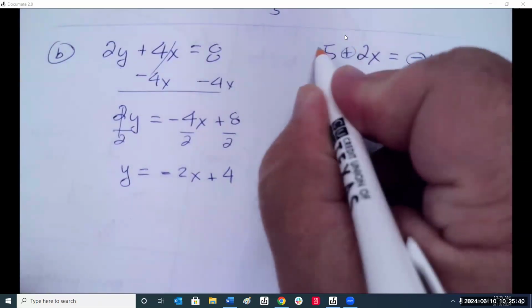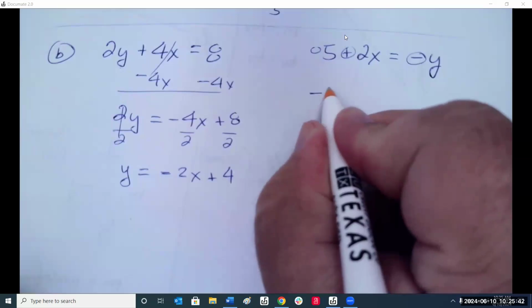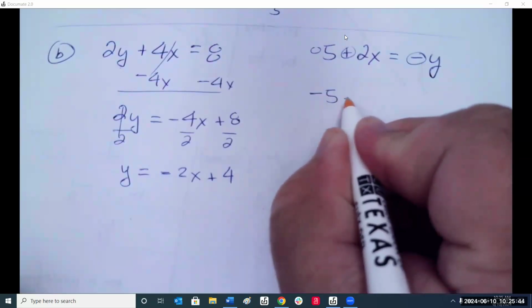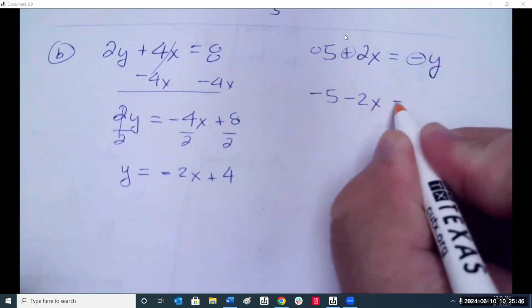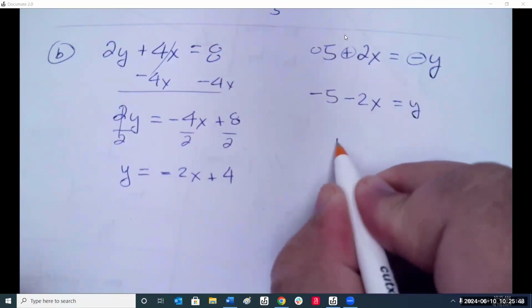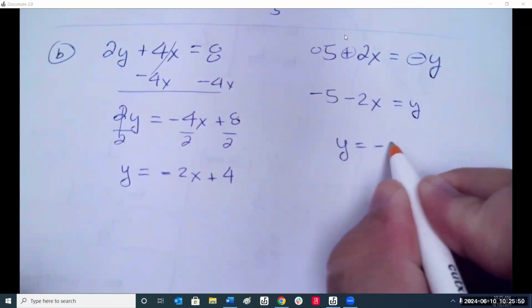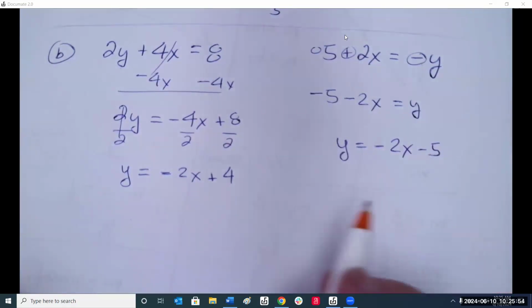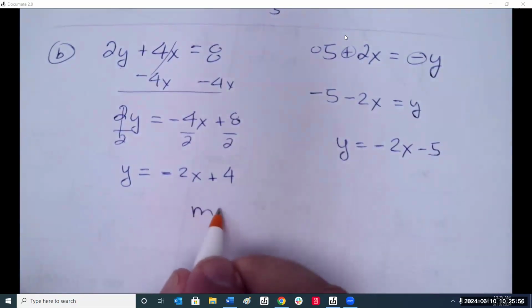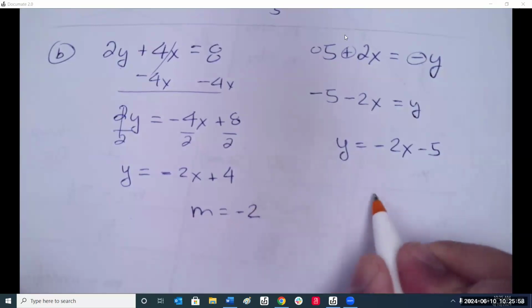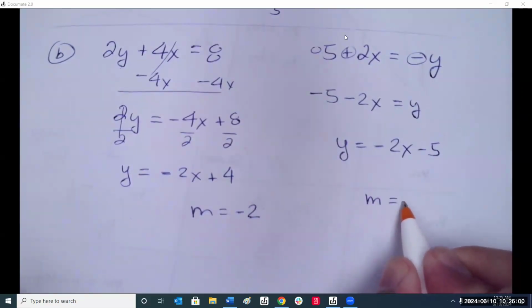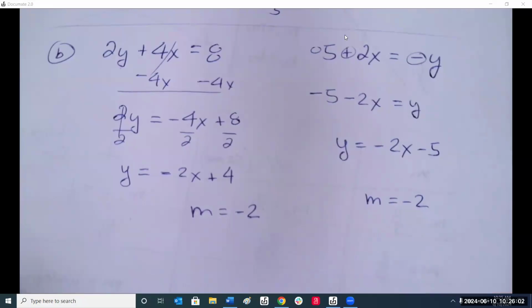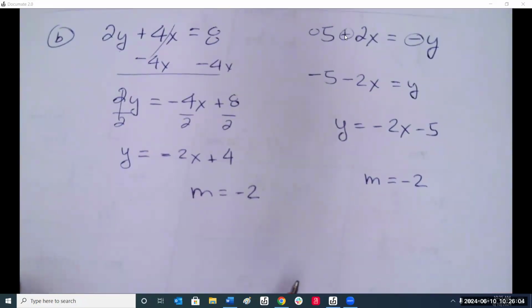Change all the signs. So it's negative 5, negative 2x equals positive y. I can flip it. So the slope of this one is negative 2. The slope of this one is negative 2. What does that tell me?